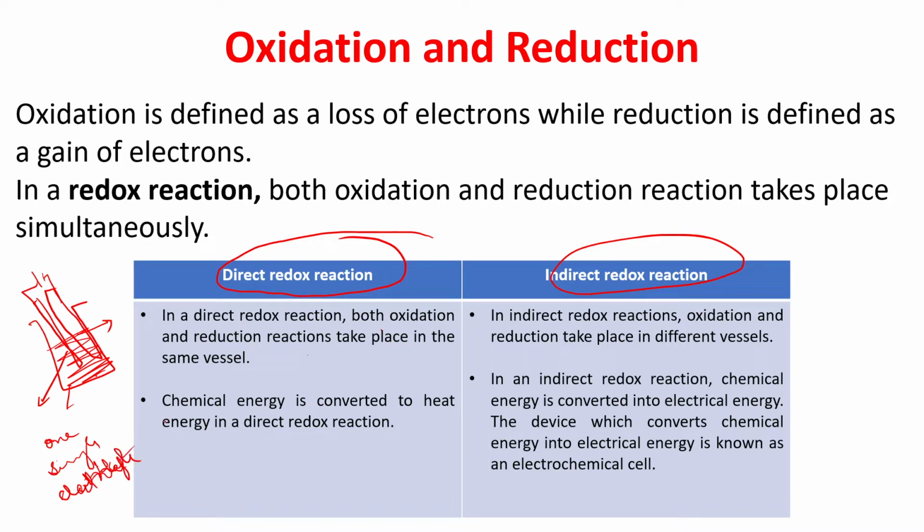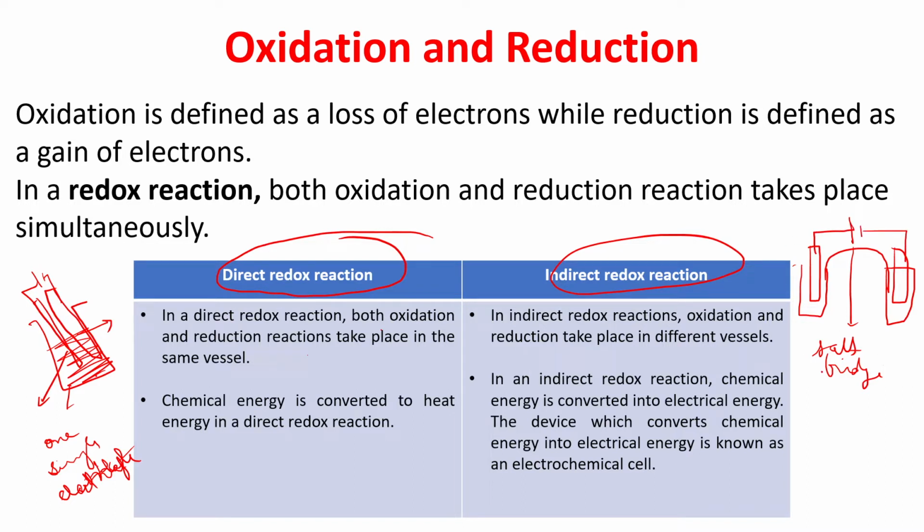While in the case of an indirect redox reaction, oxidation and reduction take place in different vessels. Let's say one electrode is in this one, another electrode is in this one, and both the electrodes are connected by a salt bridge to allow the movement of ions from one electrode to the other.